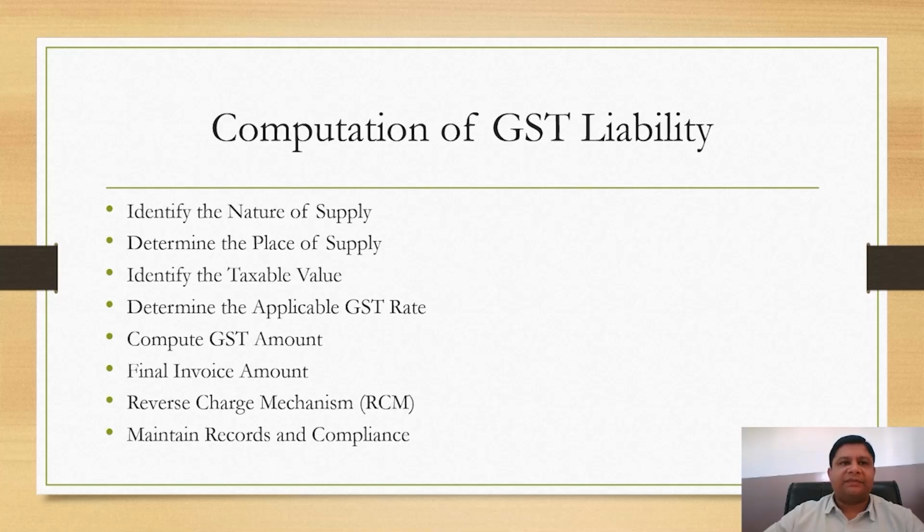In GST, we have to determine the place of supply, which is a crucial concept because it impacts tax liability and compliance requirements, as different rules are applicable for different places of supply. Interstate supply also needs to be verified and determined so that essential rules and implications of interstate supply for businesses operating across state borders can be applied.